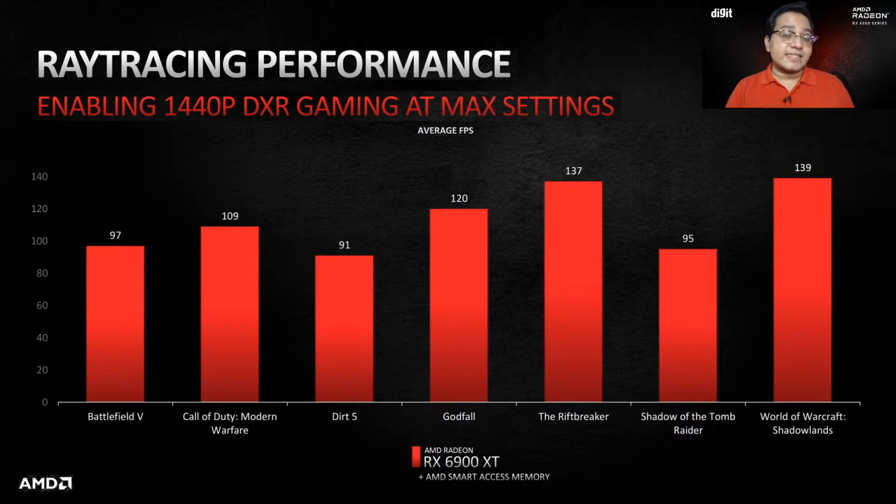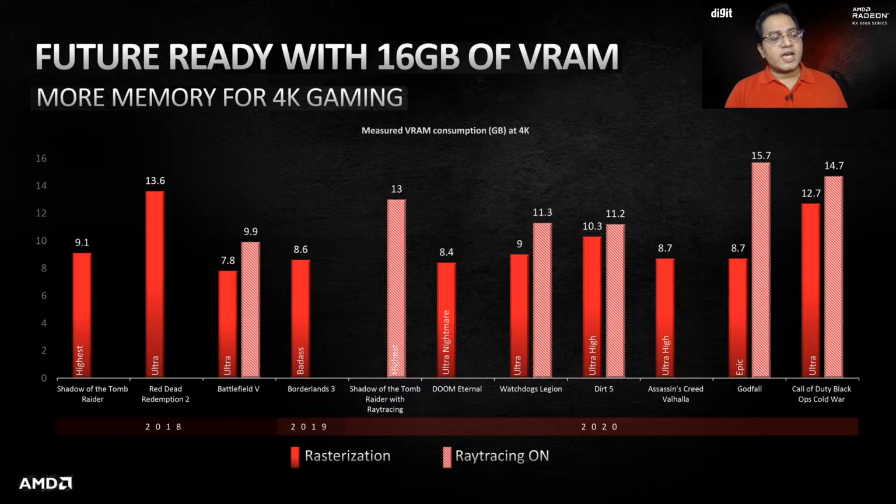It's called DirectX ray tracing, and you can see a good mix of recently released video games that have incorporated DXR, and the performance across the board seems to be quite healthy. We see the range of FPS from 91 going up to 139.